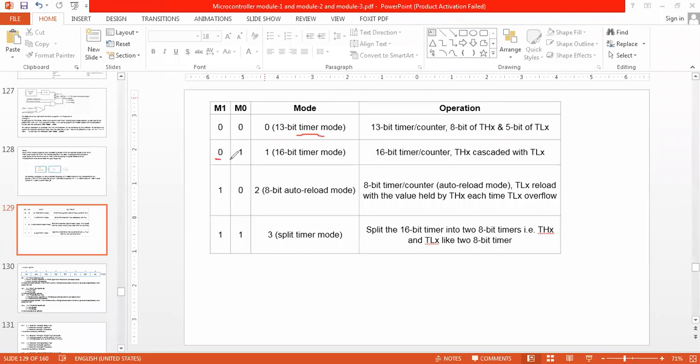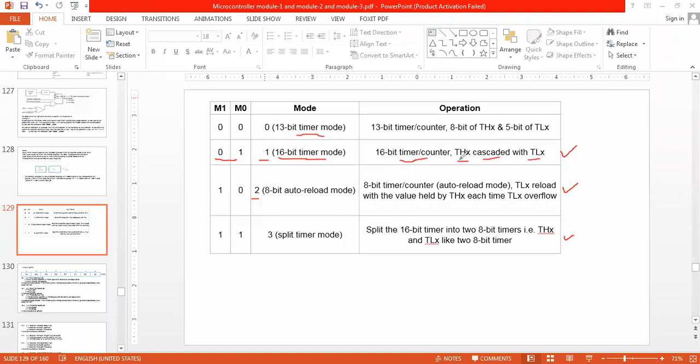Then mode 0, mode 1. Sorry, this is mode 1. This is mode 2. So basically we are going to work with mode 1 and mode 2. Even mode 3, we will not work upon. So it is very much important to know mode 1 and mode 2. Mode 1 is a 16-bit timer, THX cascaded with TLX.